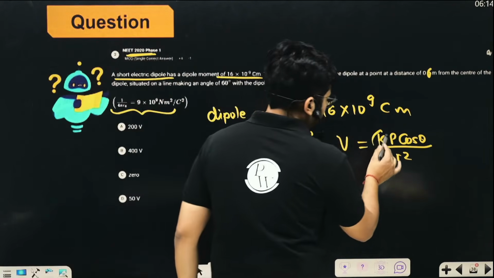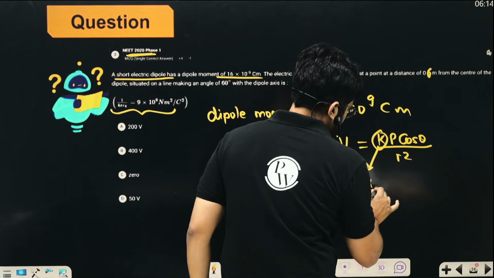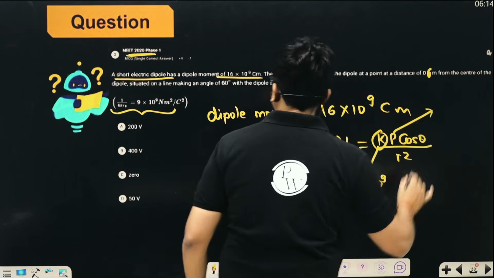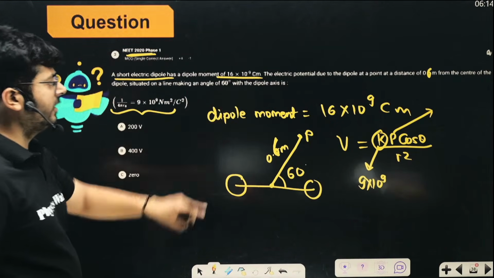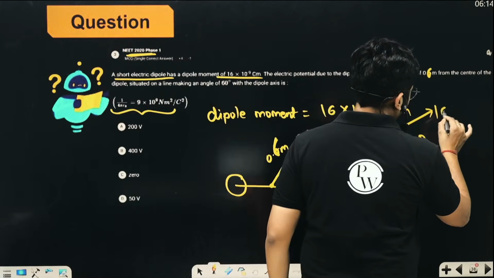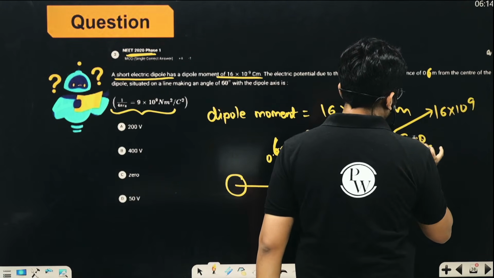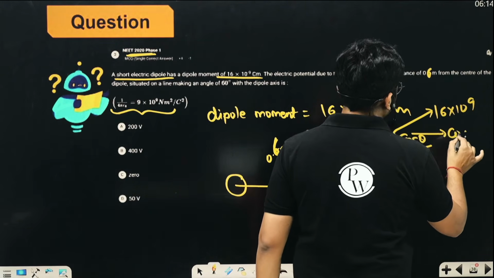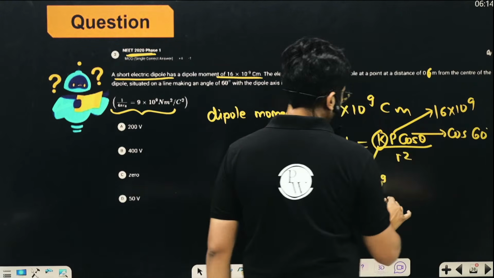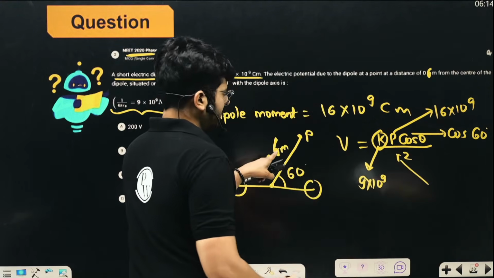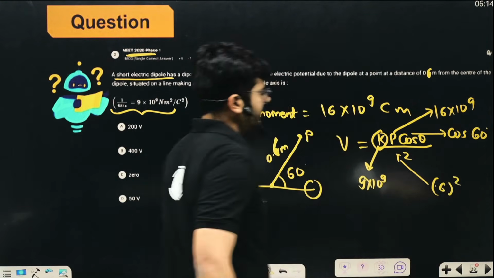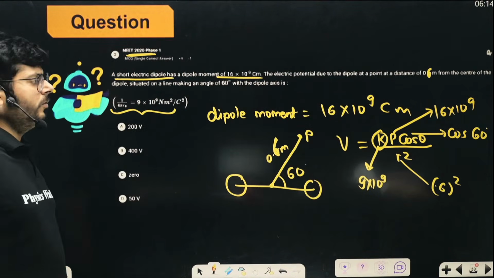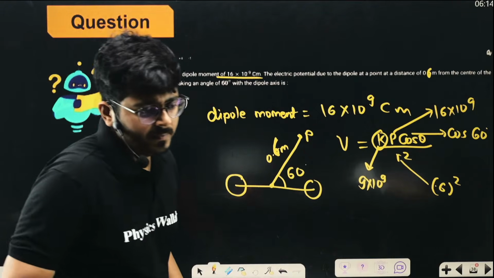P is the value of dipole moment, which is 16 times 10 to the power 9. Cos theta is cos 60, which is 1 upon 2, and r is 0.6. So 0.6 square is 0.36. All right, so everything is given. You just have to calculate, and that's all, right?